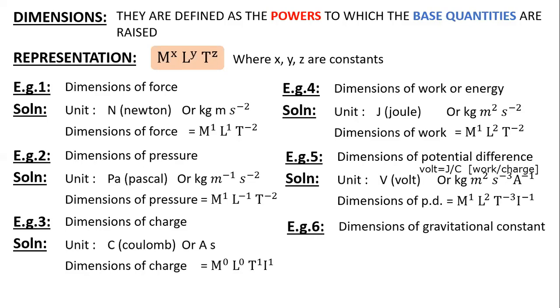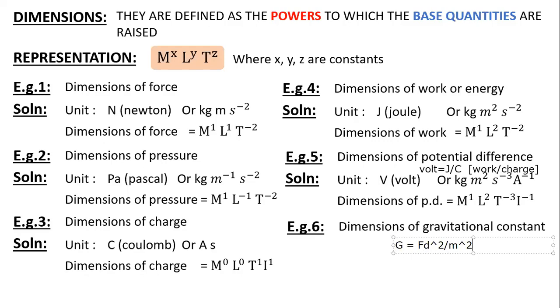If someone has heard about it anyway, I can just give the formula: the gravitational constant G is force into distance square upon mass square. Using this formula, you can derive the gravitational constant.